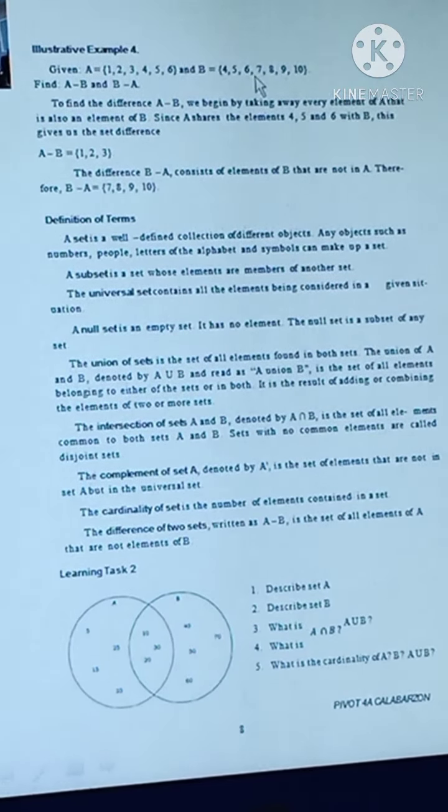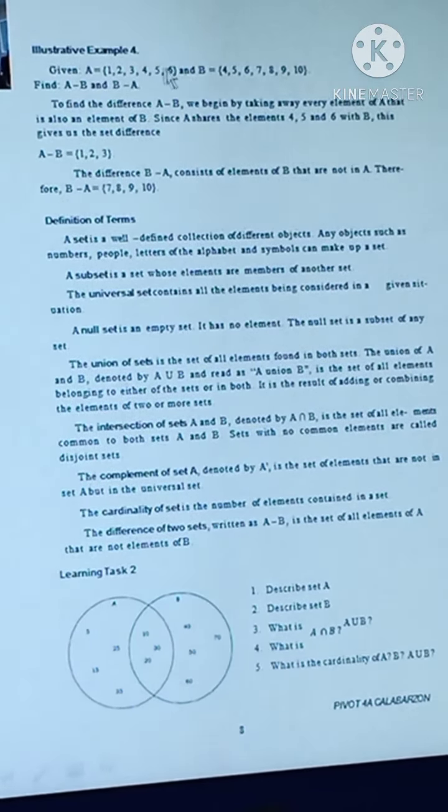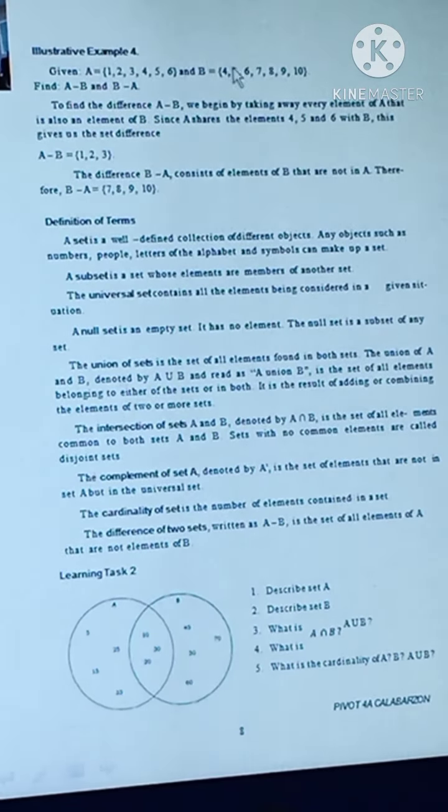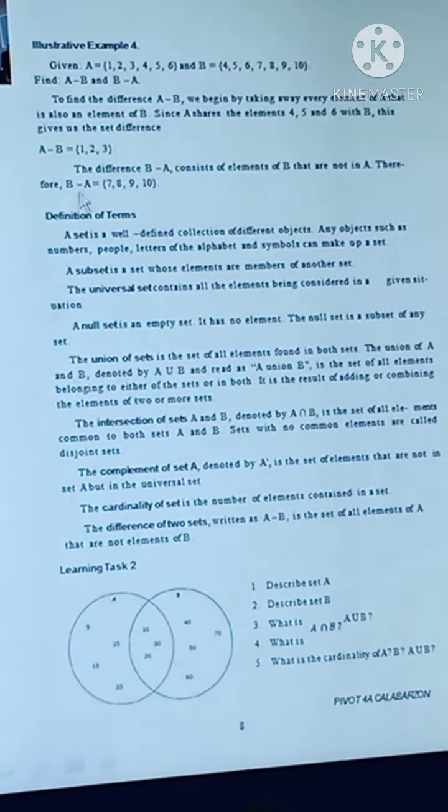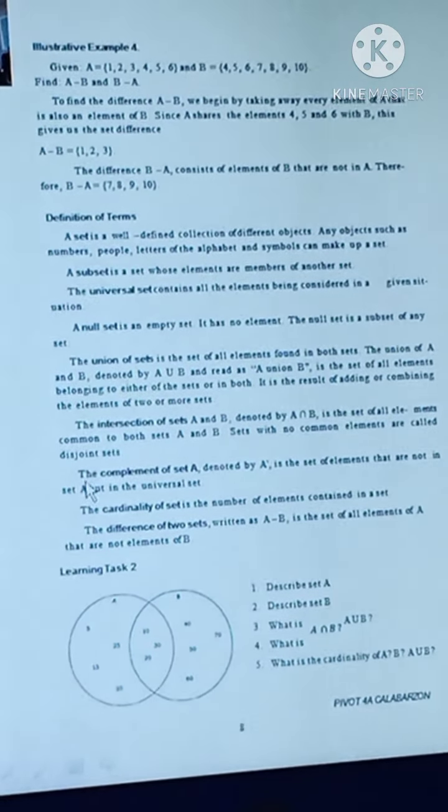How does it happen? The same lang. So, we will have here 4, 5, 6, 4, 5, 6. So, tatanggalin nila, taking away all the elements sa B. So, anong natira sa B? 7, 8, 9, 10. Okay na. Ito isusulat natin sa lecture notebook.